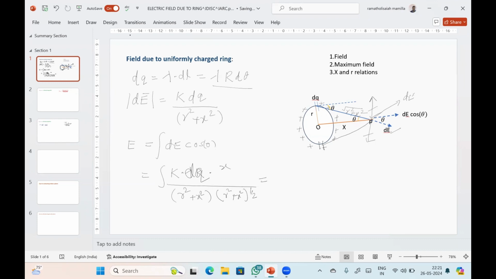So that is equal to k x by r square plus x square whole power 3 by 2, integral dq. So the field is equal to kQx by r square plus x square whole power 3 by 2. So this is the field due to the ring.